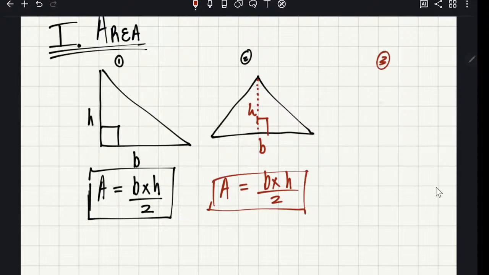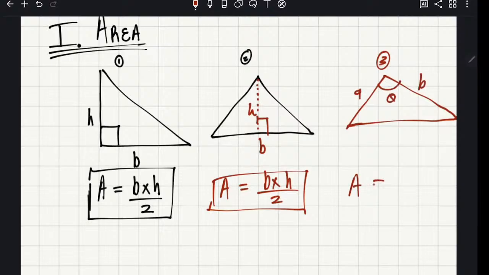And for the third type of triangle, you no longer have base, you no longer have height, and it does not have a right angle. So this will be theta, this will be A, this will be B. And you say area will be this side A times the other side B times sine theta, all divided by 2.